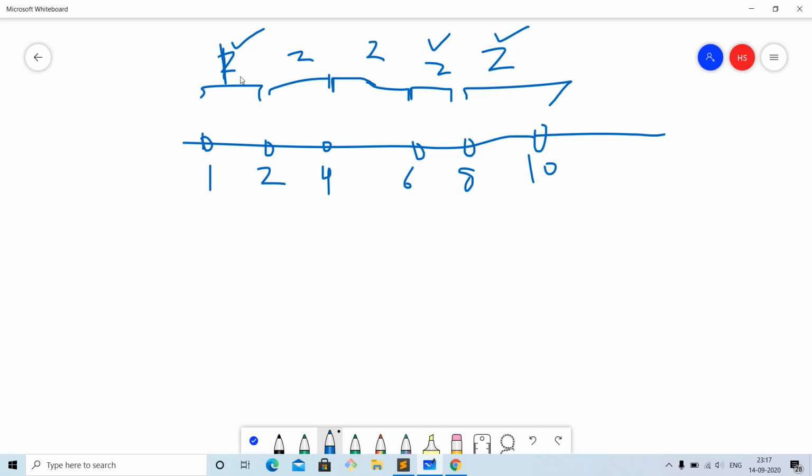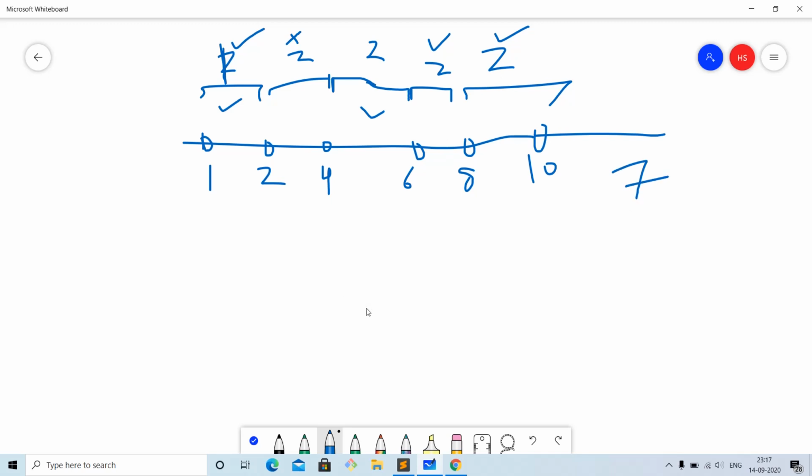Now we can choose any of these two distances to avoid, and choose the other distances. So I choose 1 and 2, and I am already choosing 2 and 2, so I have to do 7 moves, which is the answer.